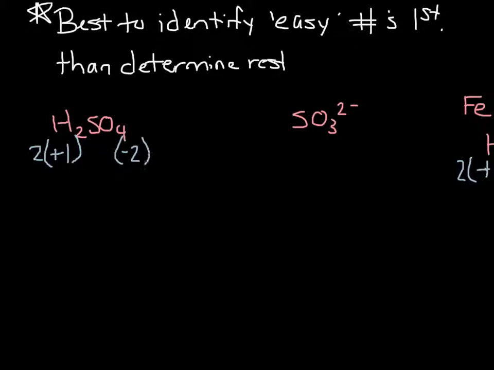And we do have 4 of them. We need to make sure this all equals 0. So what is sulfur then? We have a grand total of 2 times 4, or -8. Here we have +2. So how do we get this to a 0? Well, that sulfur becomes a +6.